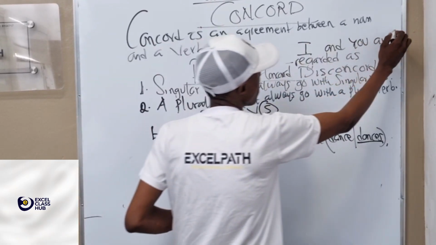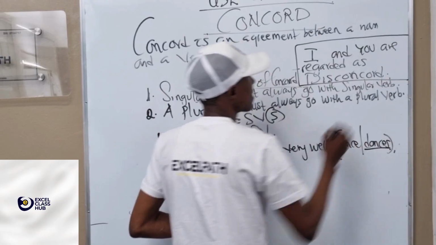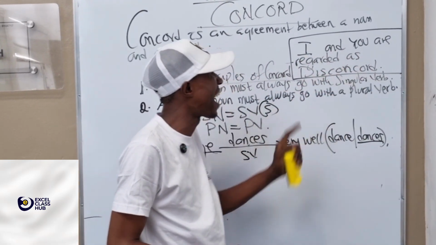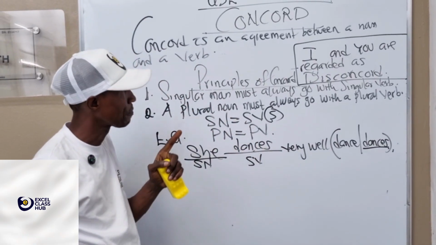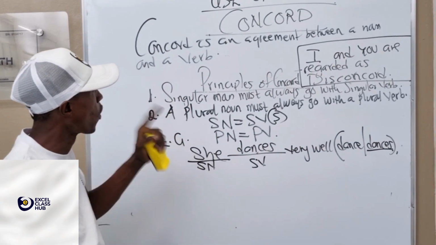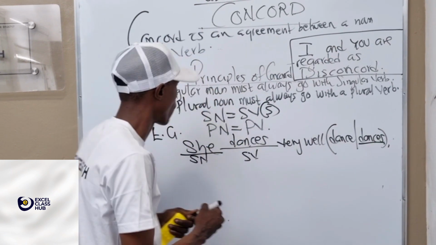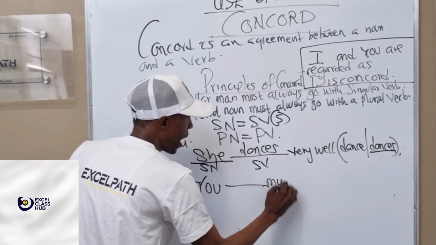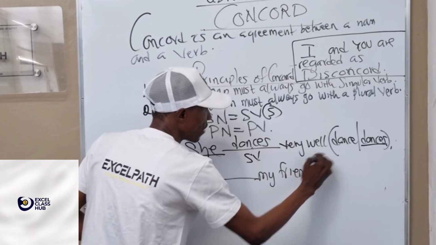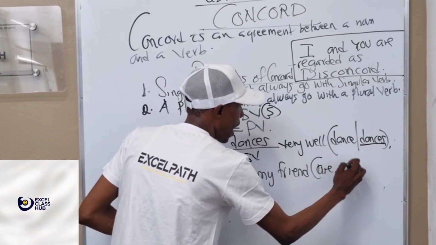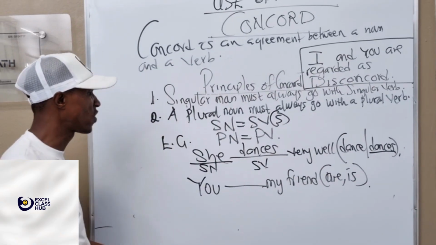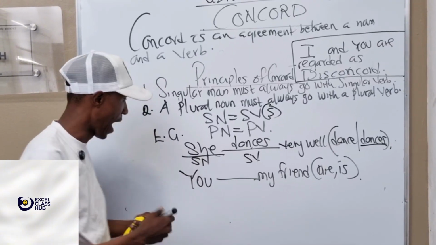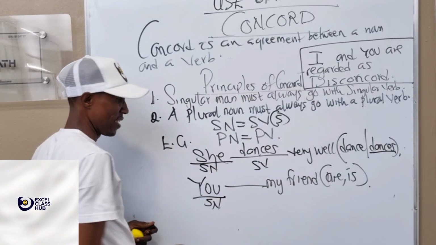Please take note. I mentioned something here. I said that your I and your you are regarded as what? Disconcord. I and you do not follow the principle of concord. Take for instance, you have: you dash my friend. They wrote options A and C. Based on the principle of concord, you is just one person, and it talks about a singular noun.